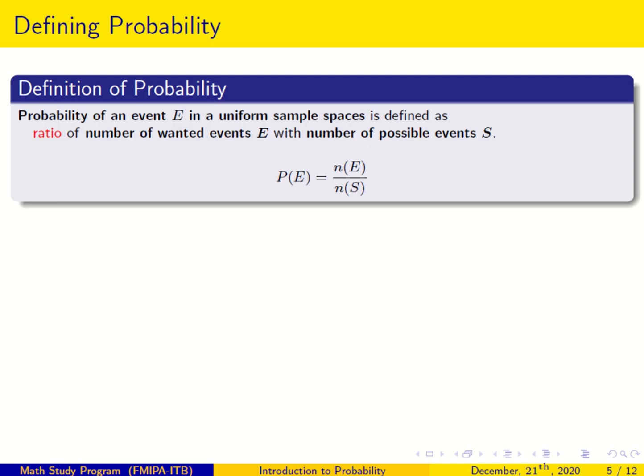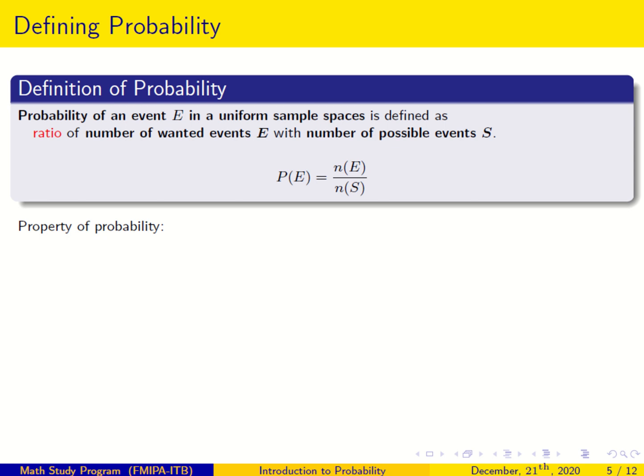This is the definition of probability. The probability of an event E in a uniform sample space is defined as the ratio of the number of wanted events to the number of possible events. That is, the probability of E is the number of wanted events divided by the number of possible events.